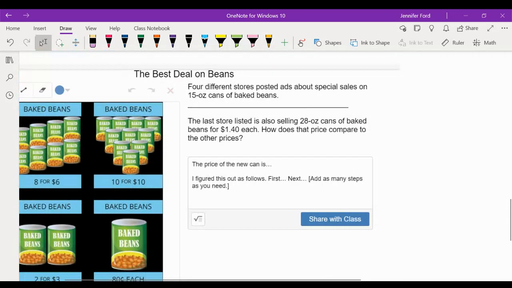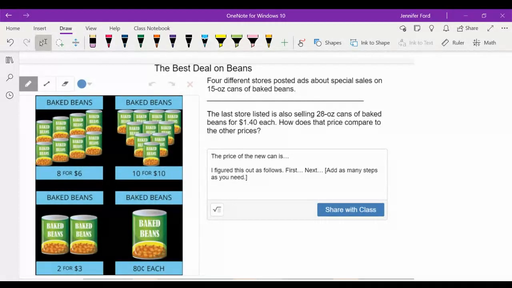And then this one, the price of the new can, was tricky because you had to read really carefully. All of these that we've already thought about are 15-ounce cans. The last store listed is also selling 28-ounce cans of baked beans for $1.40 each. So in order to compare the 28-ounce can to the other cans, we need to have it be the same number of ounces.